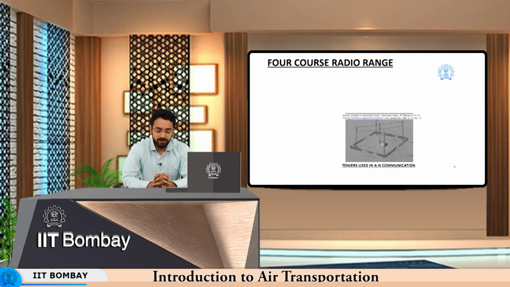So, with the evolution of radio navigation systems, the first and foremost type of radio navigation equipment implemented on aircraft was called the four-course radio range. Now, these navigation aids consist of four radio towers placed in a square pattern.